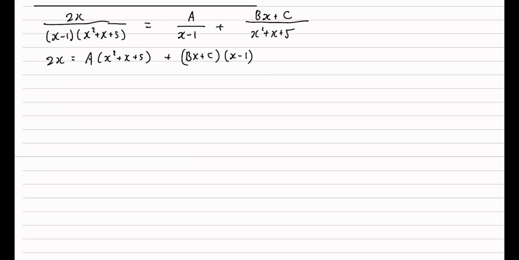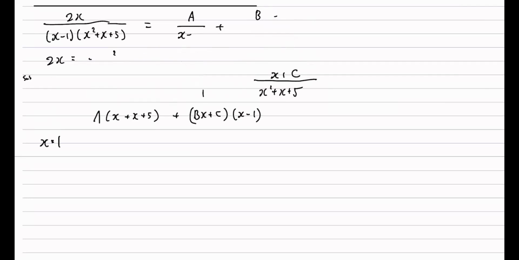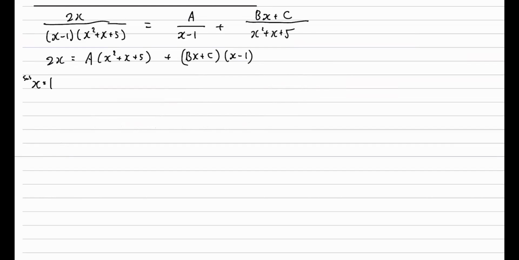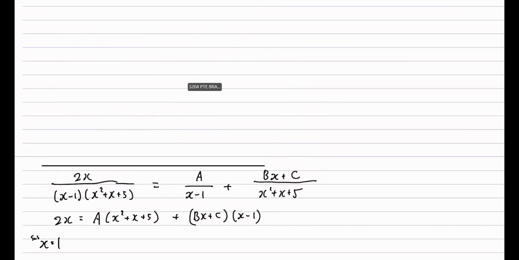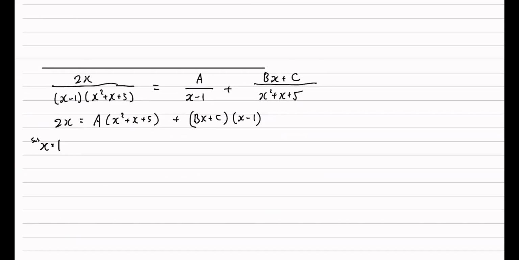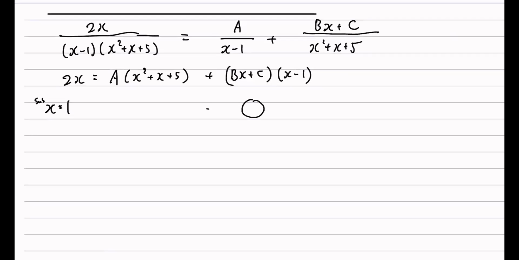Okay, what value of x would you want to pick? Big X equals 1. Then you get rid of the right side, because with x equal to 1, x minus 1 becomes 0, which means that you get a 0. Oh, sorry, be careful.